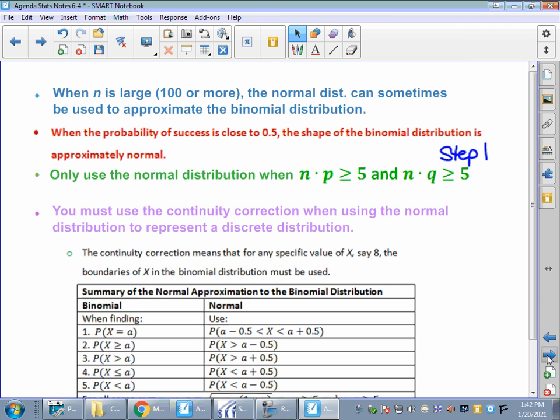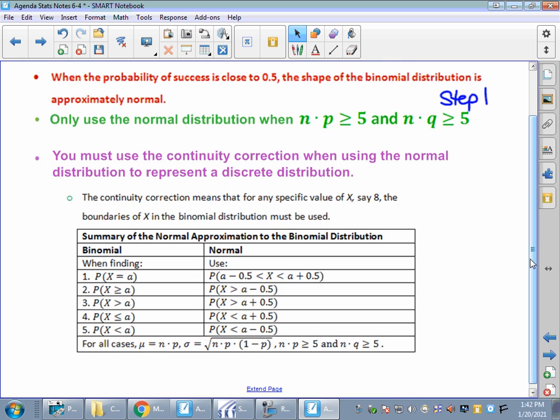And last but not least, this wonderful table that I have incorporated in here, you must use this continuity correction table when you are in this section. Here's the reason. Because remember, discrete and continuous variables, discrete is counted, continuous is measured.